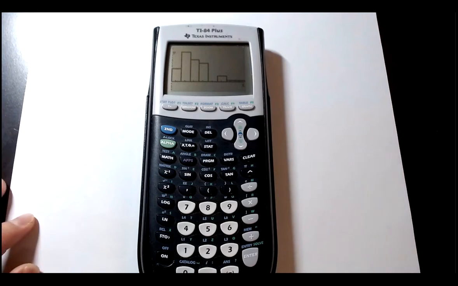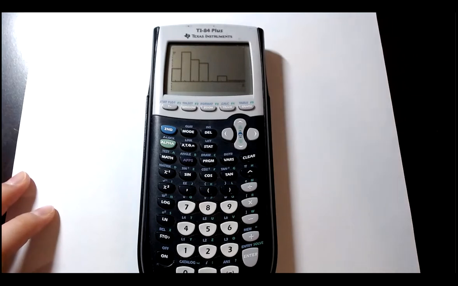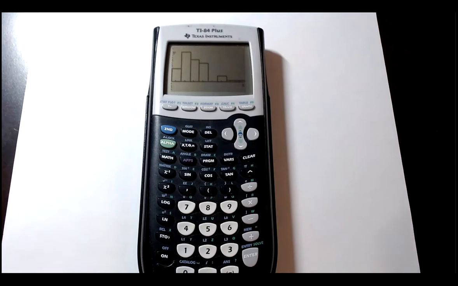But we want to plot the histogram with the exact same class width and number of classes as the textbook example we just saw, right? There should be 5 classes, and the class width should be 50.